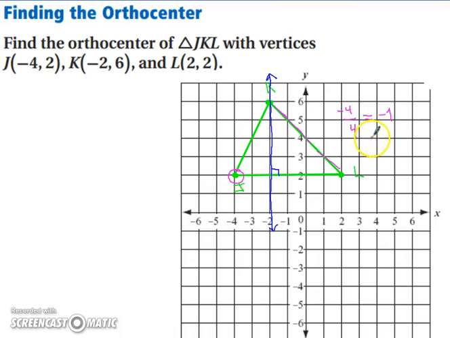If we want to go perpendicular to that, we're going to have a slope of 1 over 1. So that means from your point, because you need a place to start, you're going to head to this side going up 1 over 1. And then draw your line.